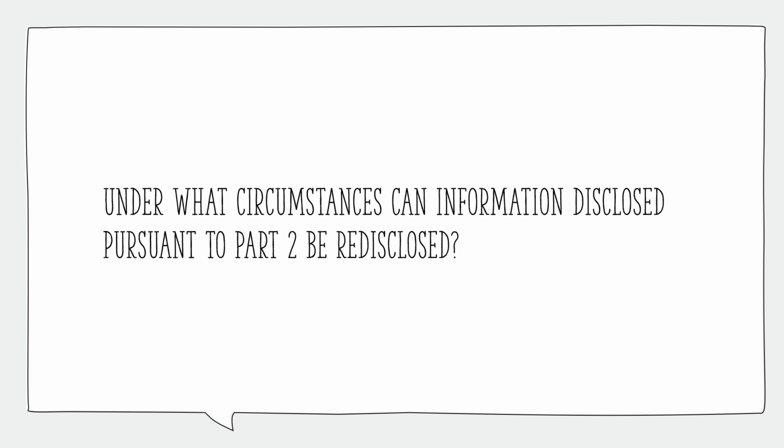So if the program is under investigation or prosecution, then that auditor would be able to redisclose that information. Or if there's a government agency that's overseeing, like a Medicare or Medicaid audit or evaluation, then redisclosure could be permitted in that situation.